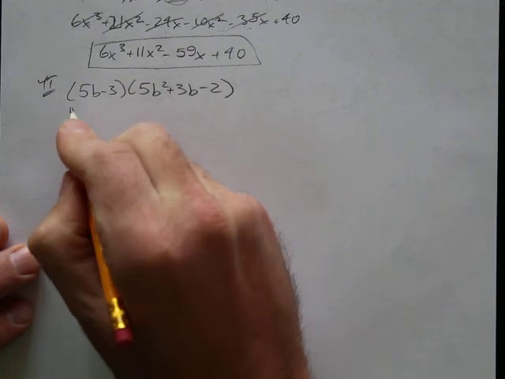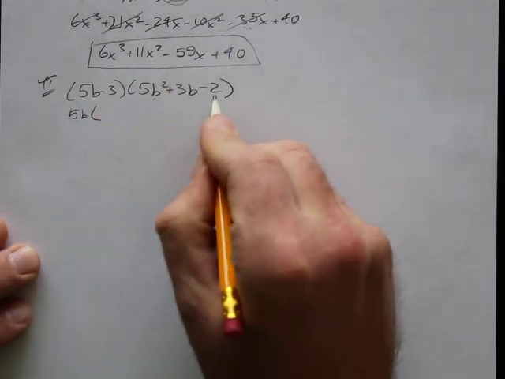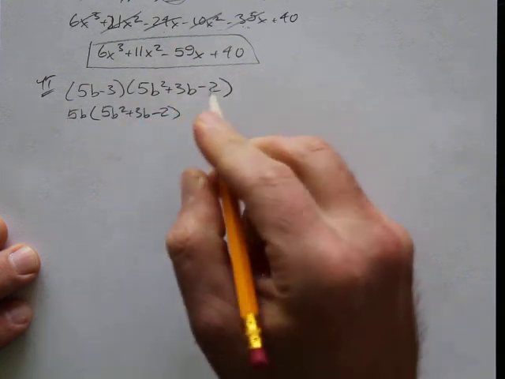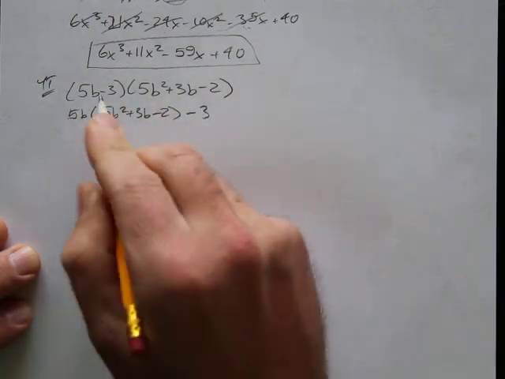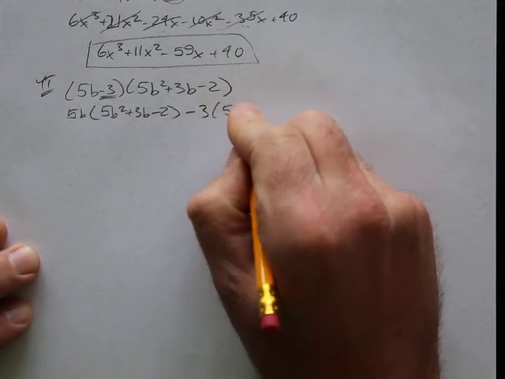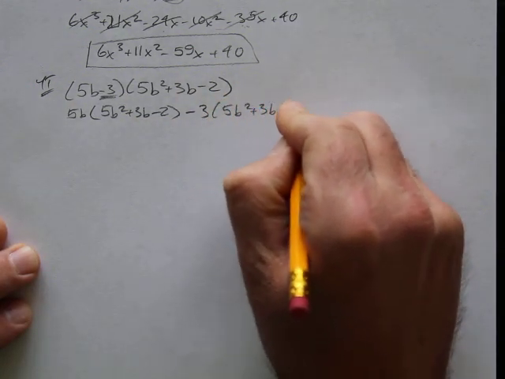Okay, let's rewrite this as 5b times this trinomial, 5b squared plus 3b minus 2, minus 3, so I've taken that minus 3 there, times 5b squared plus 3b minus 2.